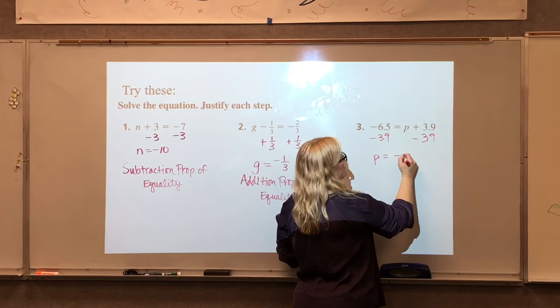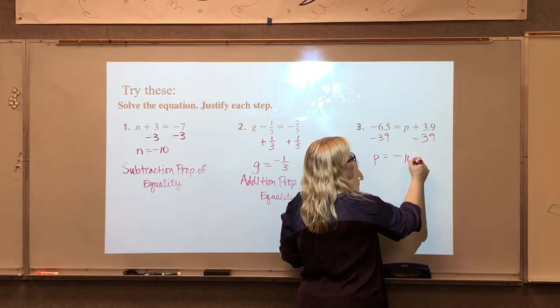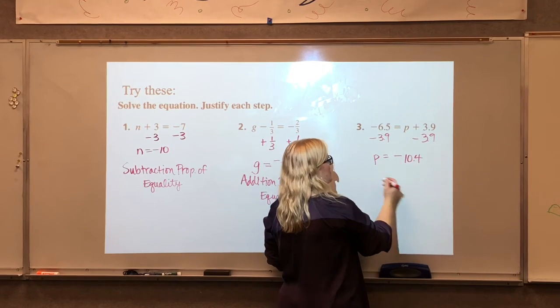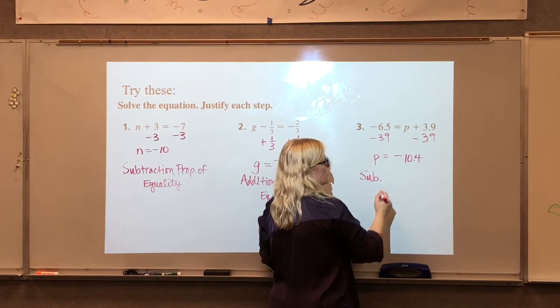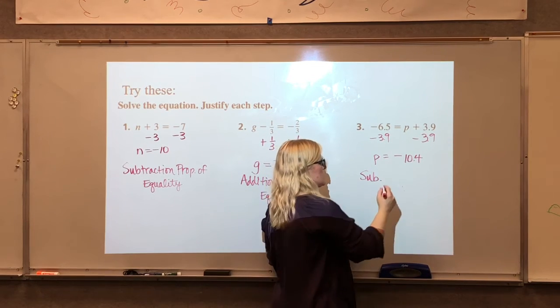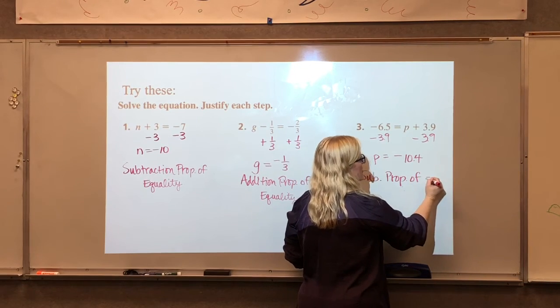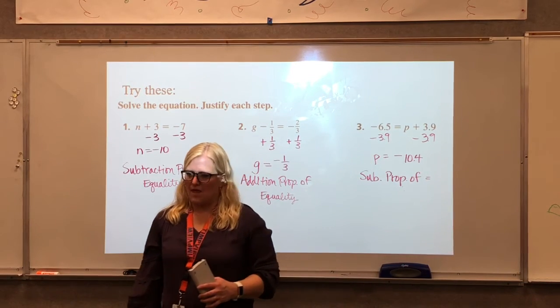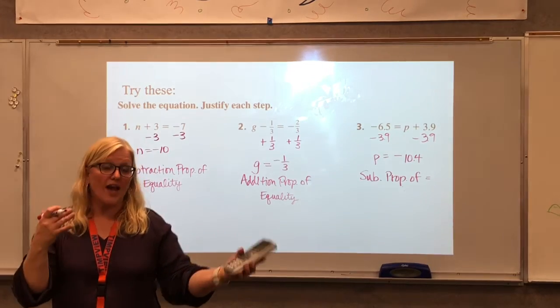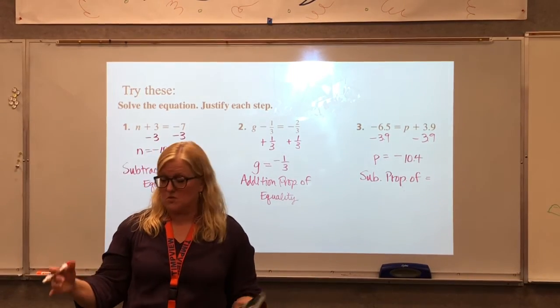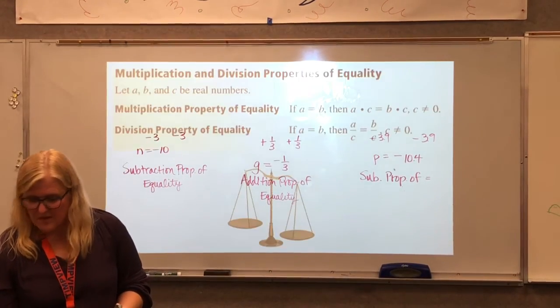P equals negative 10.4. And this is, I'm going to just abbreviate, the subtraction property of equality.